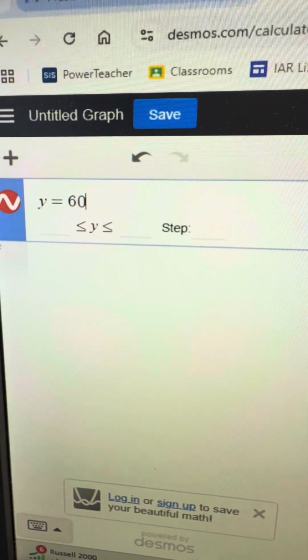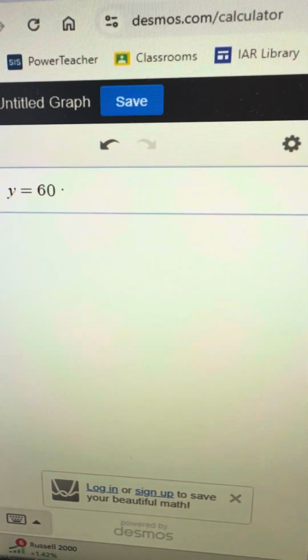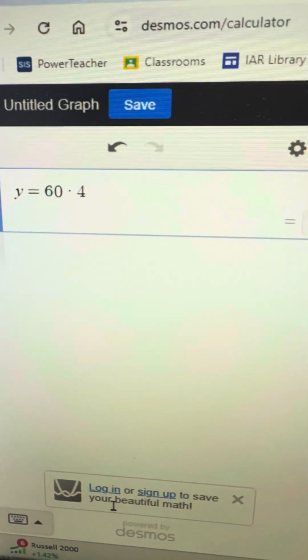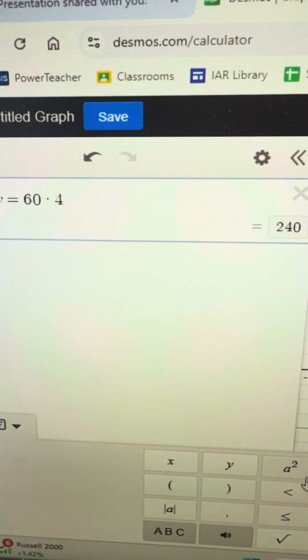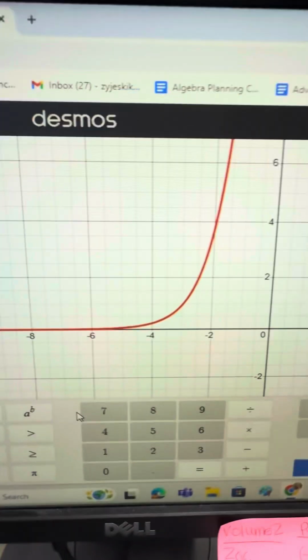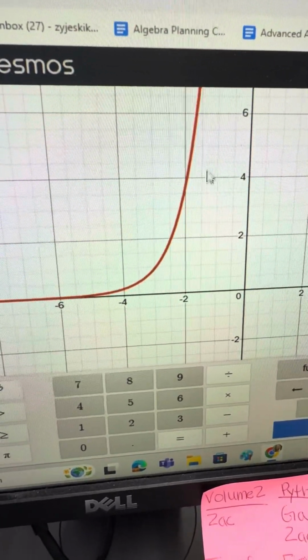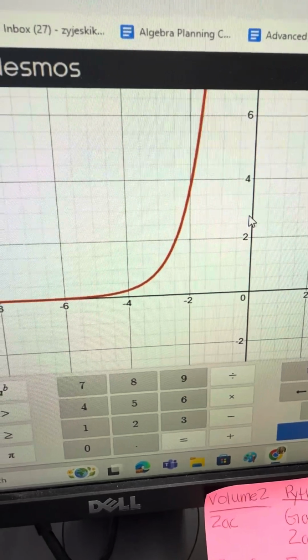We have 60, which is the starting value, times 4 to the x power. This is what the graph looks like. You can see it starts off very far away from the y-axis.